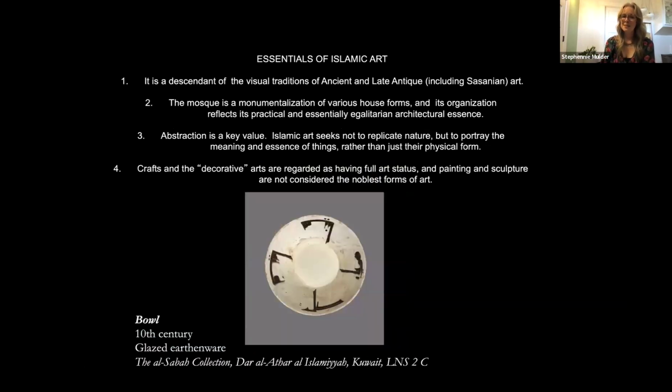My fourth premise is one that you probably are familiar with, the idea that crafts and what are sometimes called the decorative arts in European tradition are in fact what art is. It's considered all of these objects like ceramics, woodwork, metalware, portable objects, furniture, are all considered having full art status, and great masterpieces were created in the realm of everyday objects.